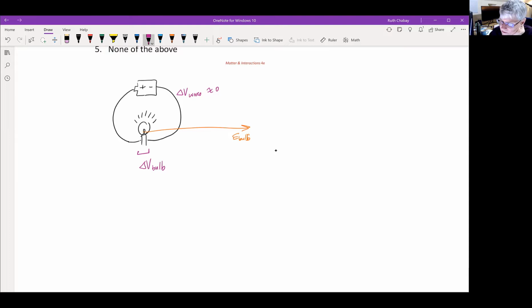although we would write a loop equation as plus the EMF of the battery, plus a minus E wire L wire, plus a minus E bulb L of the filament, plus a minus E wire L wire is zero, this electric field in the filament is so much bigger that we can often approximate these as zero.